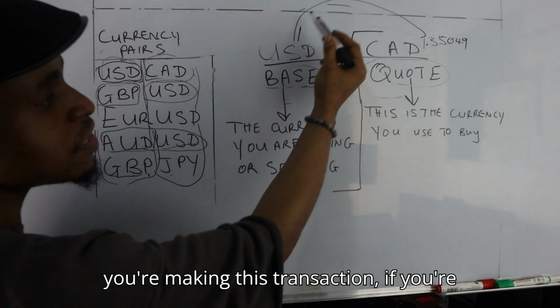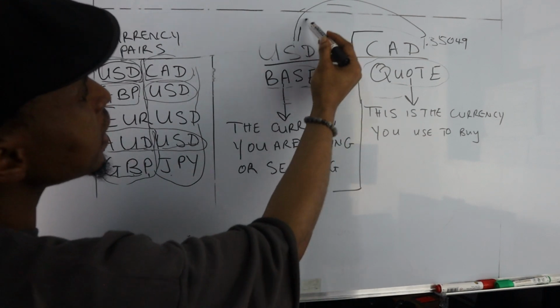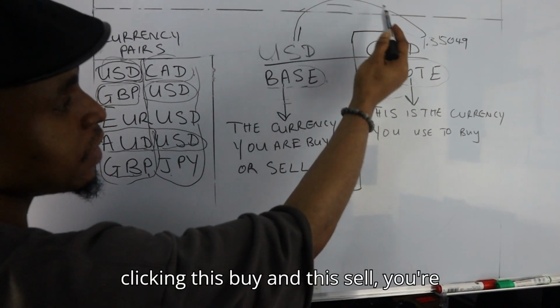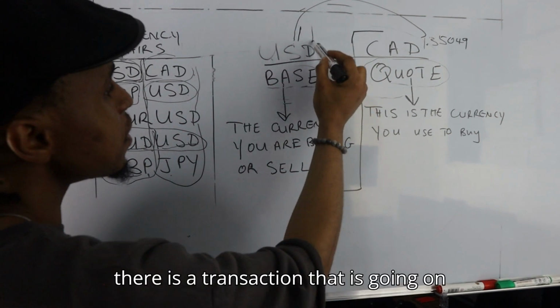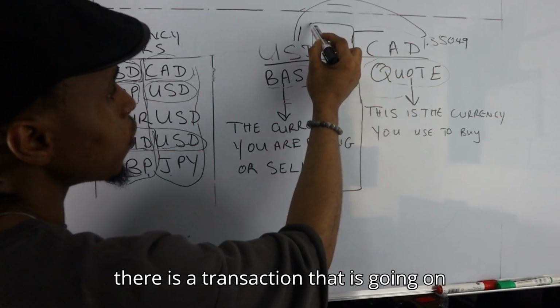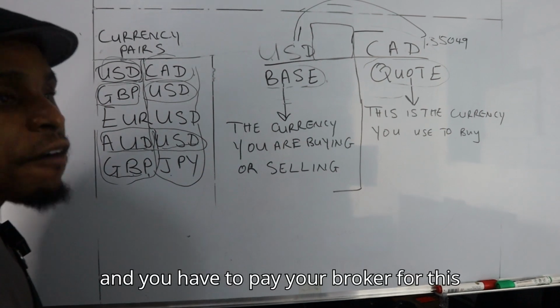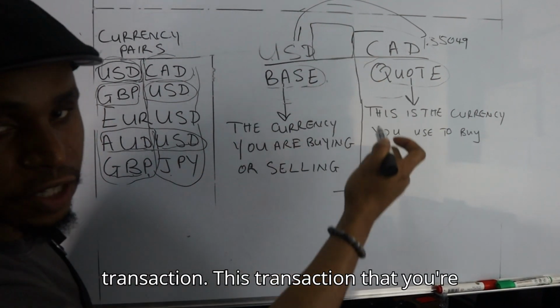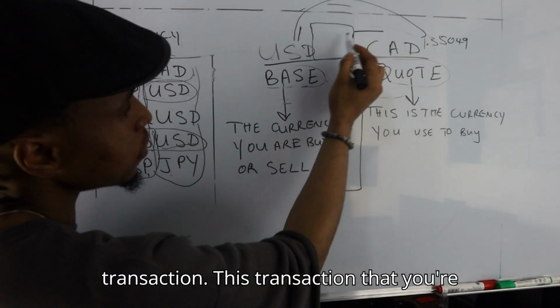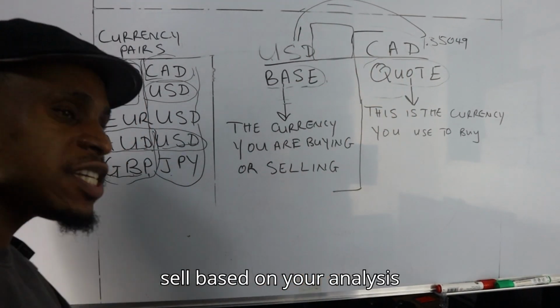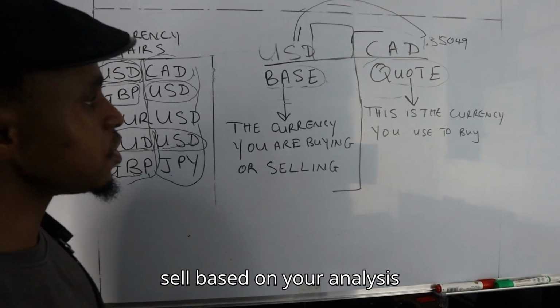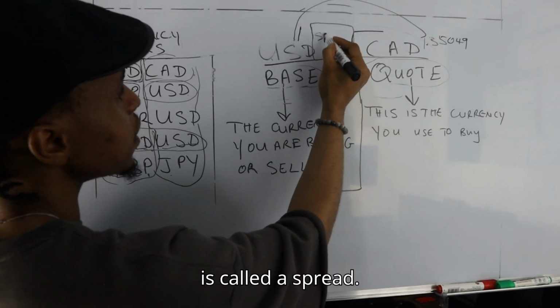So if you're clicking this buy and this sell, you're making a transaction, which means there is a transaction that is going on. And you have to pay your broker for this transaction. This cost of the transaction that you're doing by clicking buy or clicking sell based on your analysis is called a spread.